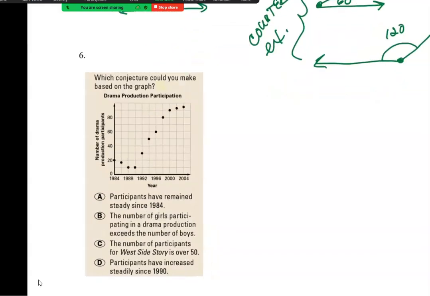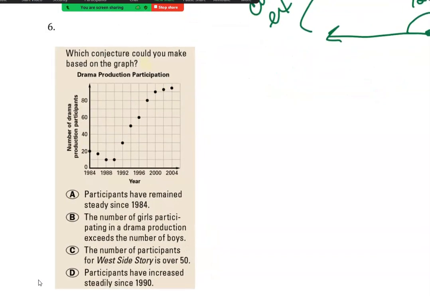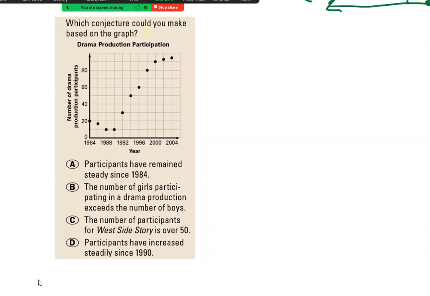Okay, which conjecture could you make based on the graphs? Let's look at the graph. Number of drama production participants, drama production participation, and this is over the years. Okay, participants have remained steady since 1984.